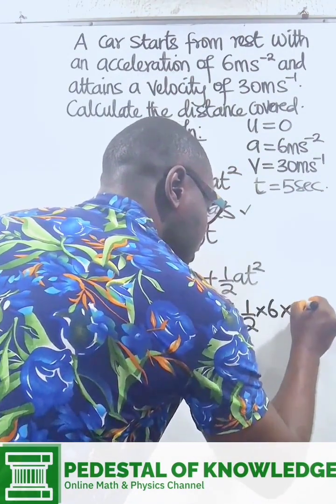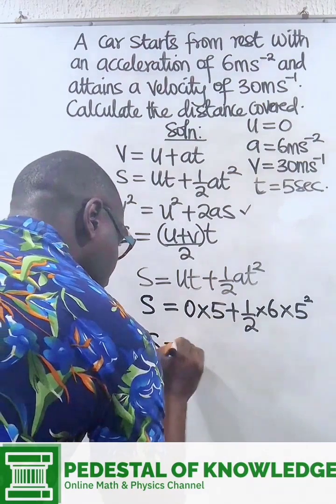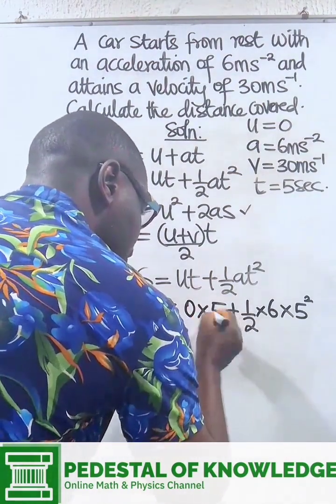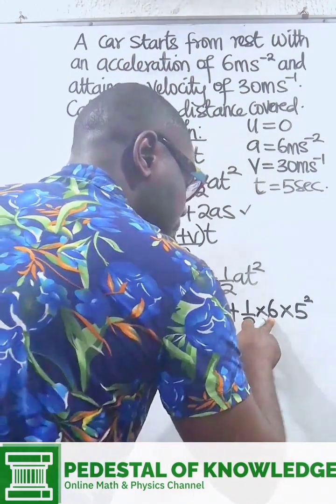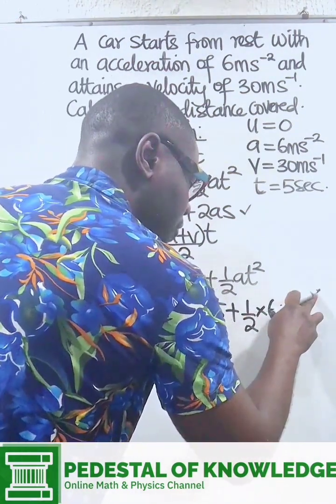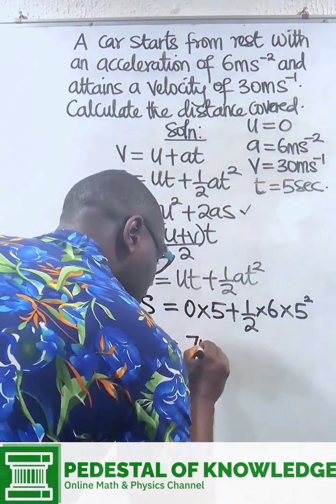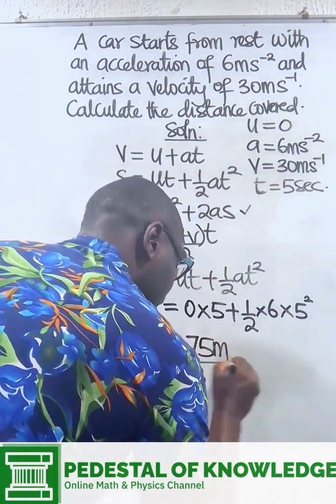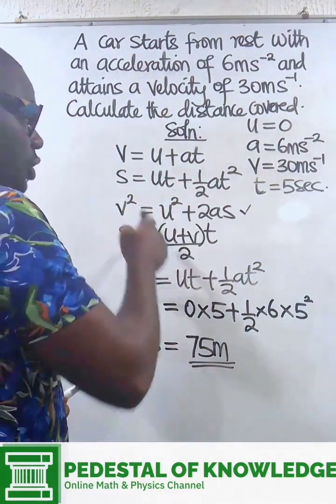Remember, we're going to square it. So s is equal to 0 times 5, which is 0, so it disappears from the equation. Now, half of 6 is equal to 3, and 5 squared is 25. 25 times 3 will give us 75 meters. And that is the same answer we got using this equation.